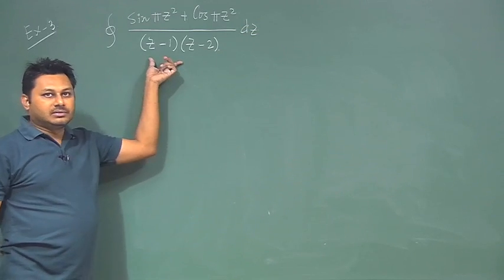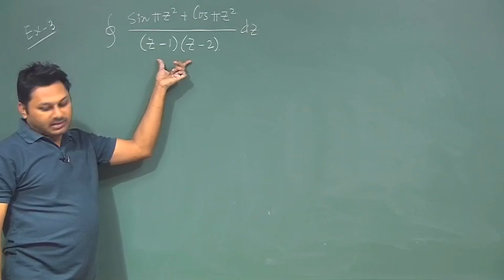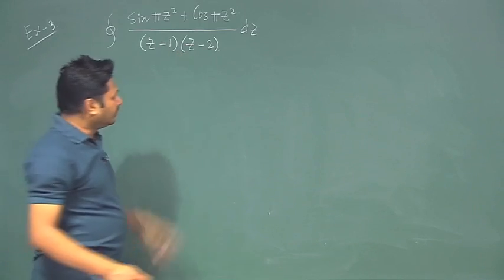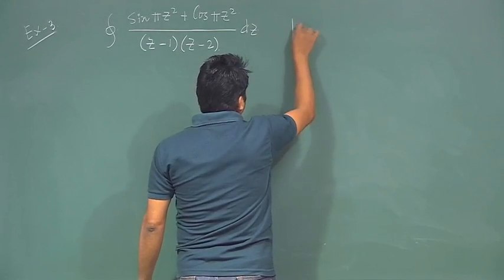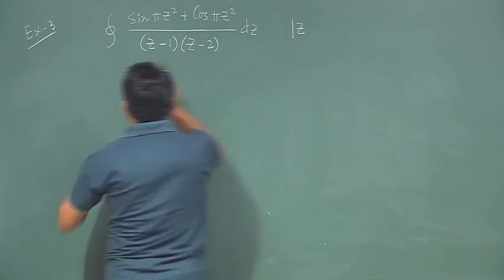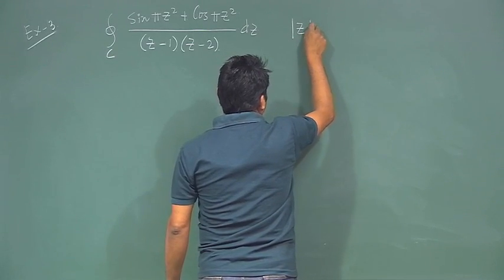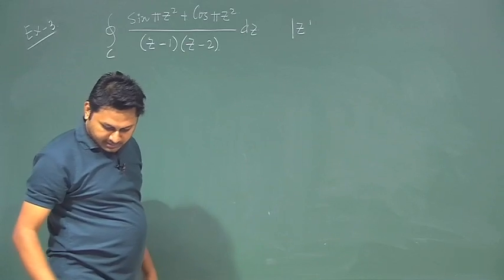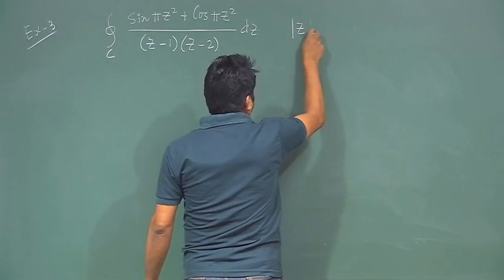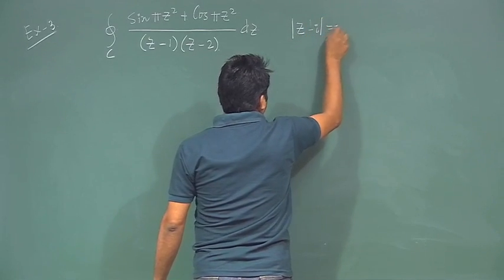This is the function that is given to us. Now, we also need to mention the contour, which contour I am calculating. So, C should be defined, and C is defined as mod z minus I equal to 3.